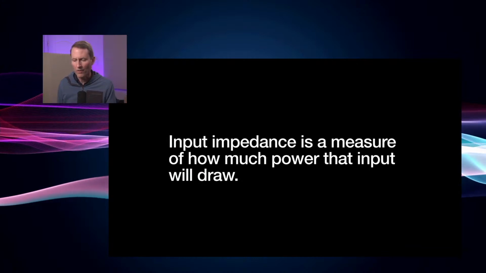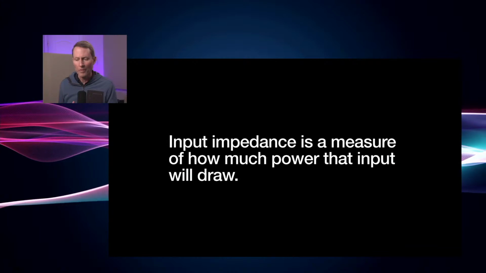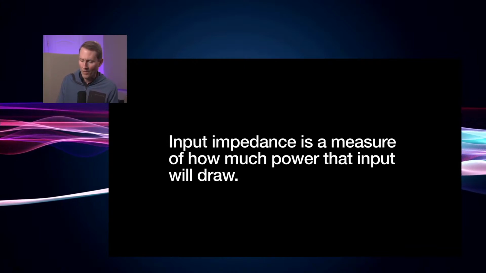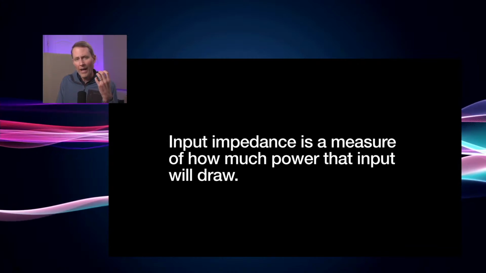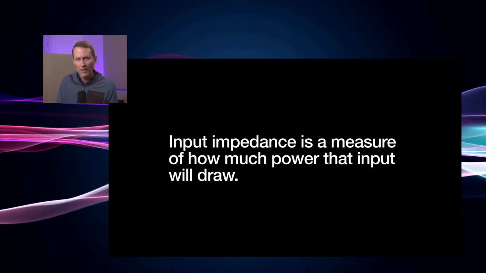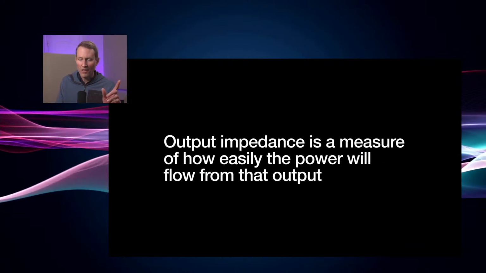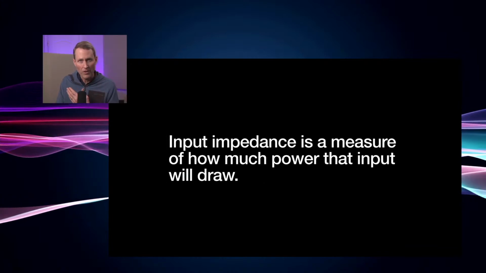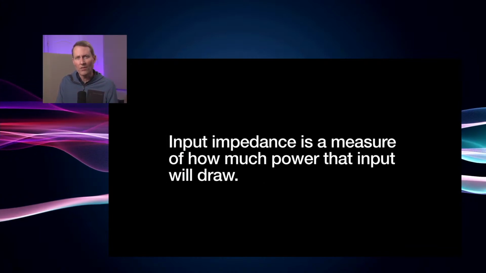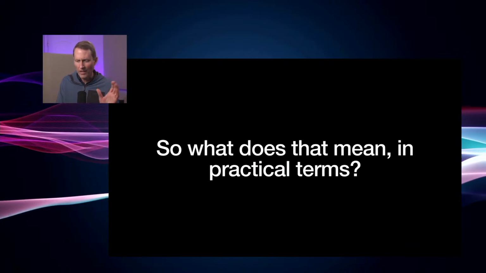Anything with a microphone input is going to have some sort of input impedance specification. That has to do with how much power that input will draw from the thing that you have plugged into it. So going back, on a microphone, it's output impedance, and that's a measure of how easily power will flow from that output. And input impedance is a measure of how much power that input will draw. Okay, so just very high level terms.